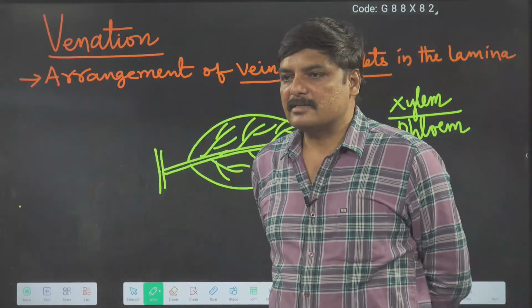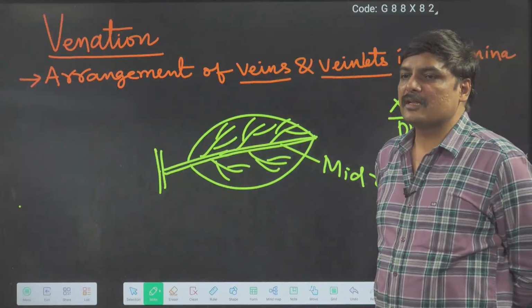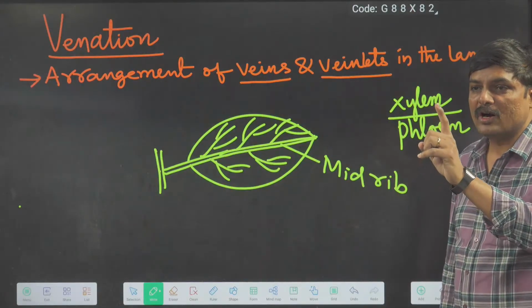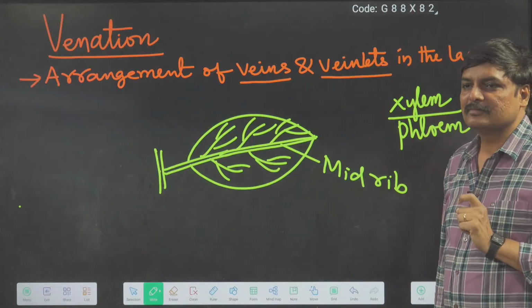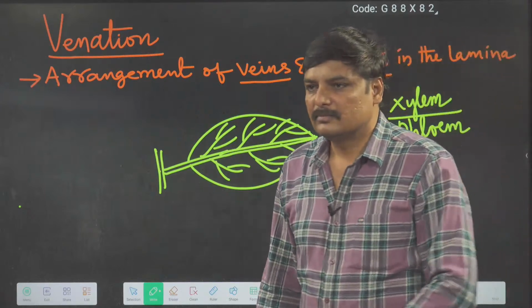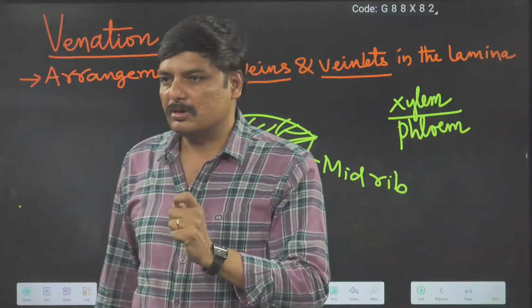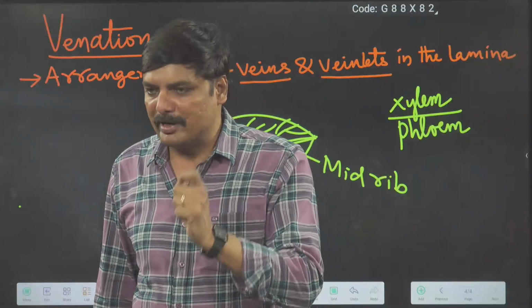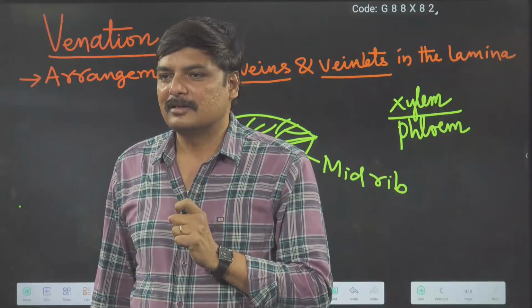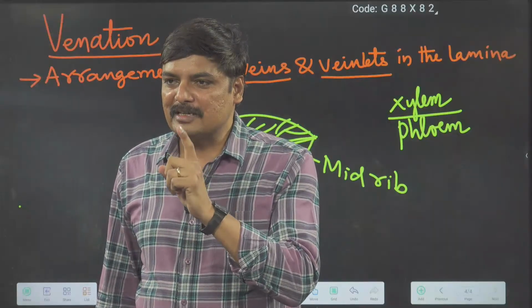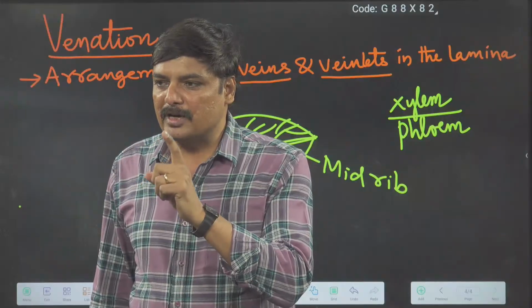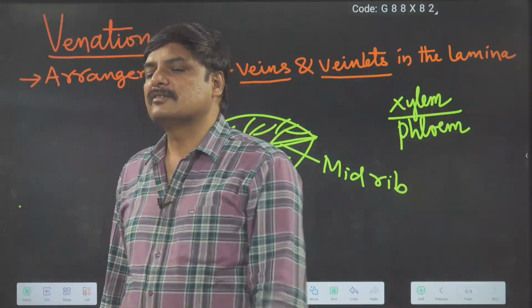Xylem transports water and minerals. Phloem transports food material. So veins are nothing but the water and food conducting channels.